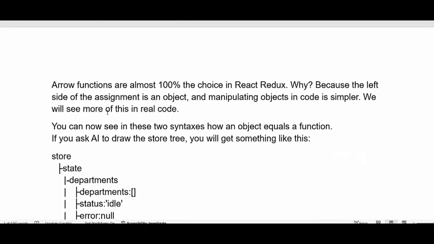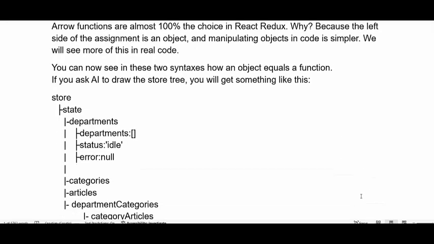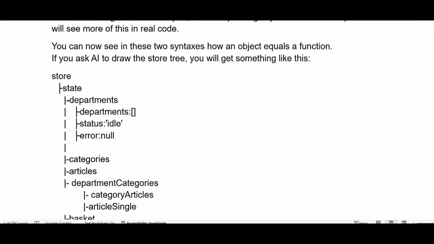Arrow functions are almost 100% the choice in React Redux. Why? Because the left side of the assignment is an object, and manipulating an object in code is simpler. We will see more of this in real code. You can now see in these two syntaxes how an object equals a function.